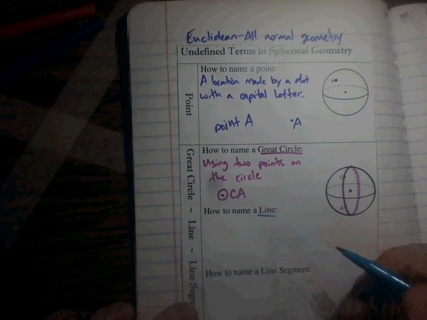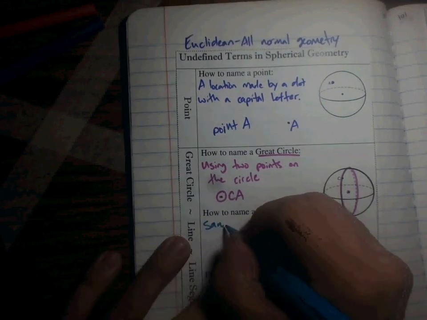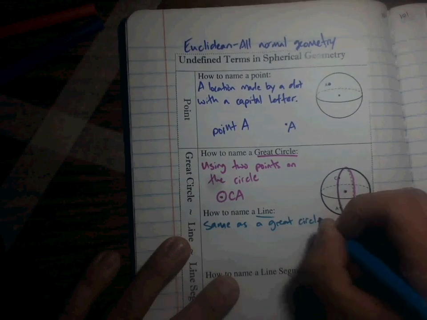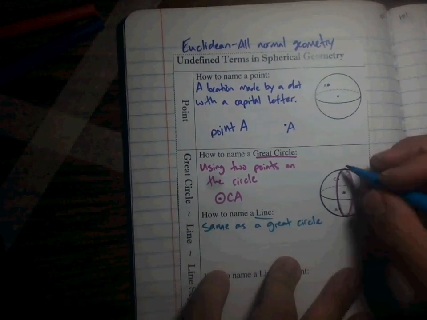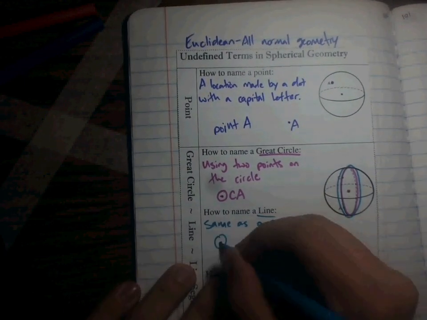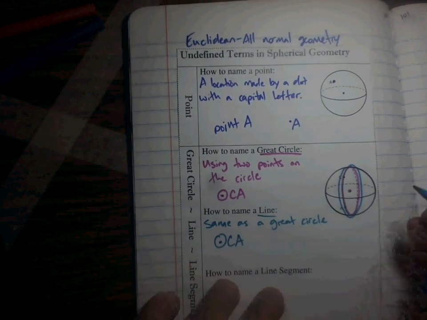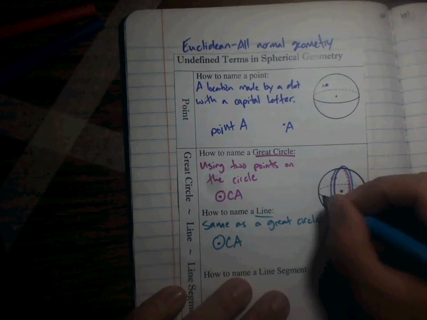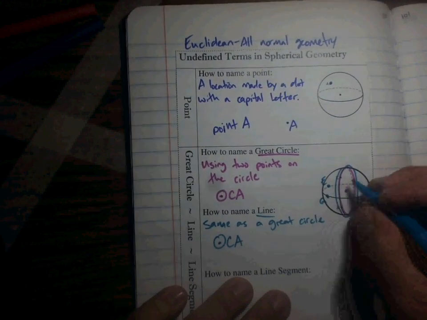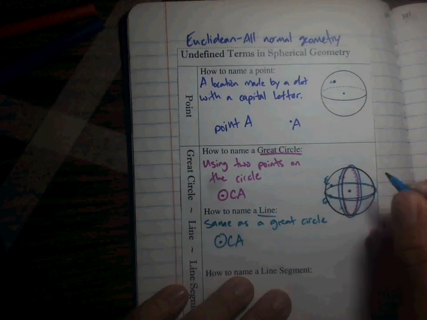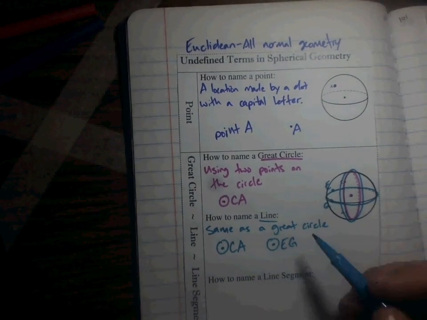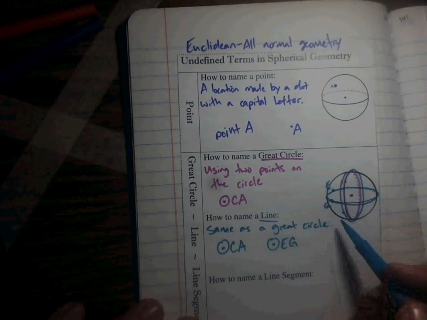So in this case, you could still be like this whole thing CA, or if we were going to name a different one, like if we have 2 points on this circle back here, we can call it EG, right? Or circle EG. We don't really call it a line, I mean, you could call it a line because it's still technically a line and goes around, but really it's better to call it a circle. It keeps the same consistency and all that, right? Because there's actually a difference with line segments, so we can see what that is.